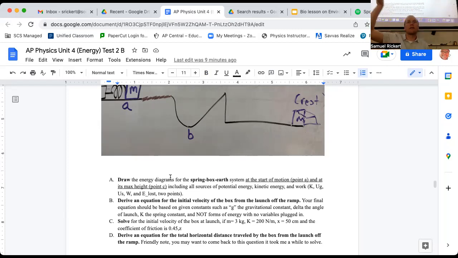So you have to multiply everything by 2 and divide everything by the mass. Take a big square root. Importantly, for derived equations on the AP test, you're not supposed to plug in anything. You just write an equation. Then for the next one, you're supposed to plug stuff in. But I kind of botched this one because I gave you a bad height. But you got full credit if you plug things into the right places. So that's all you had to do for that one.